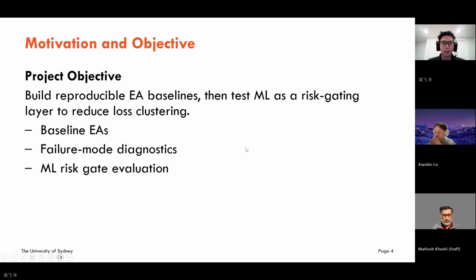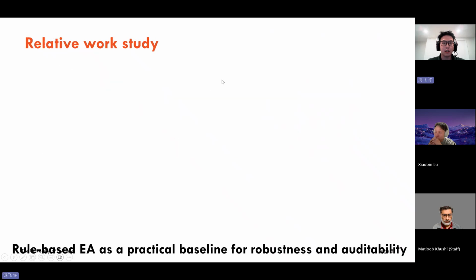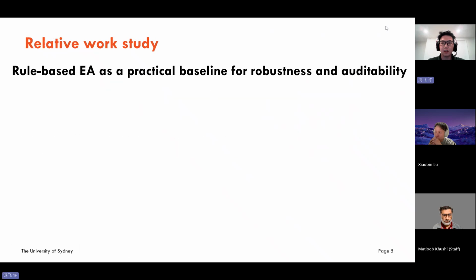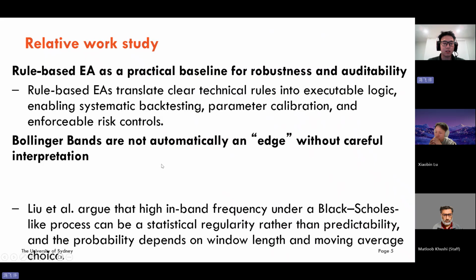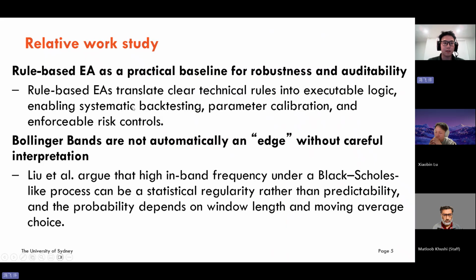Yeah. So the detail of the related work is in my report, but I put something that is most relevant here. These two parts are about how I design my EA, my rule-based strategy. The first one is a practical baseline for robustness and reproducibility.